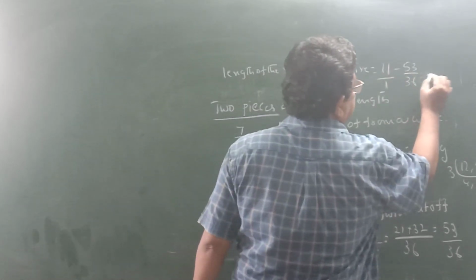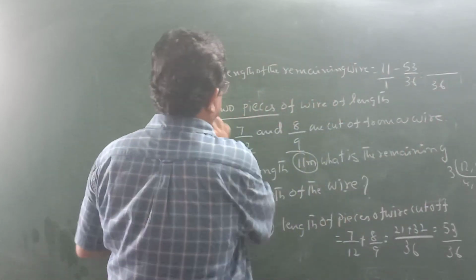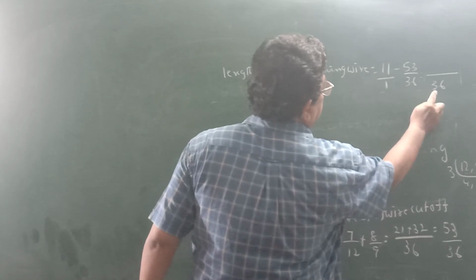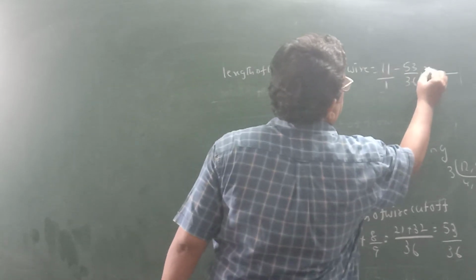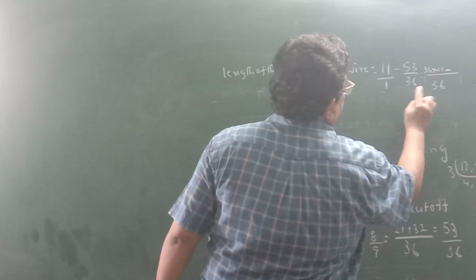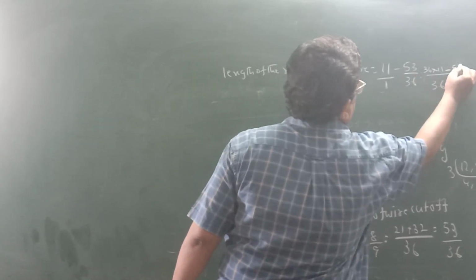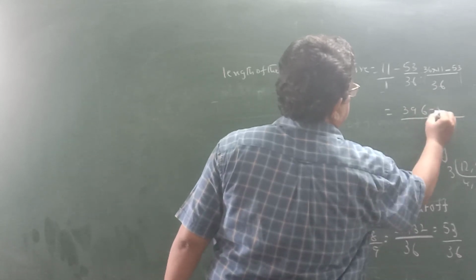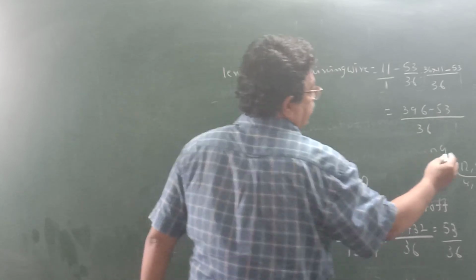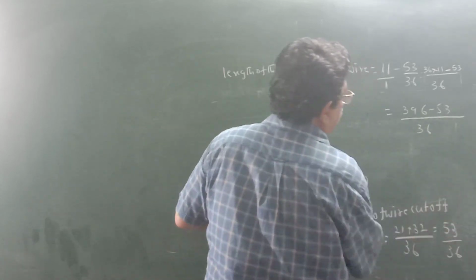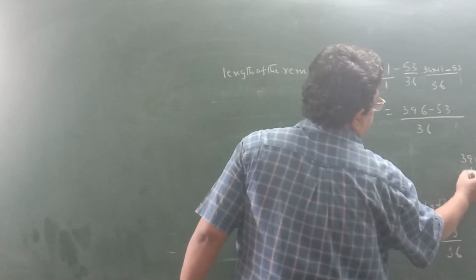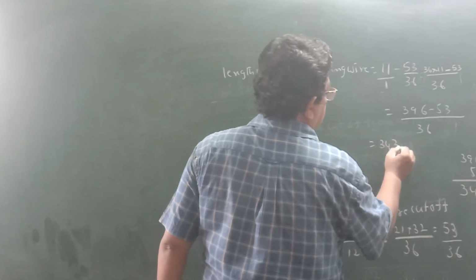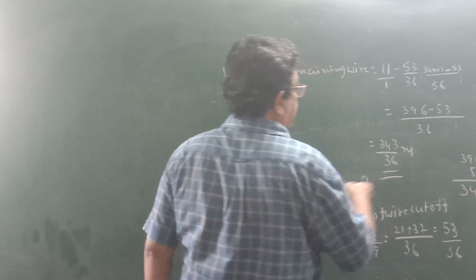The LCM of 1 and 36 is 36. 1 goes 36 times, 36 into 11 is 396. Minus 53. From 396, you want to subtract 53. 6 minus 3, 3; 9 minus 5, 4. 343 by 36 meters. That is the length of the remaining wire.